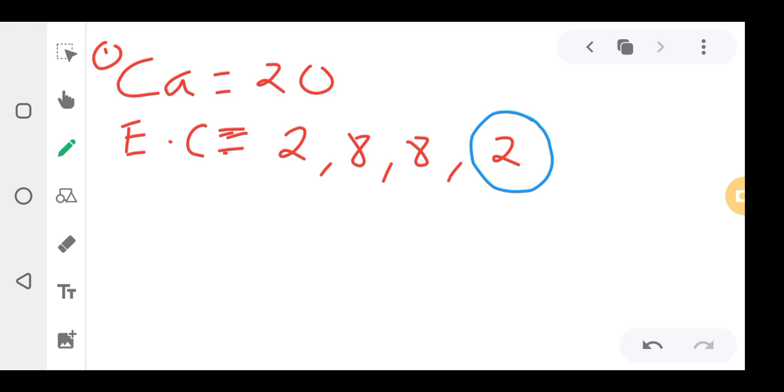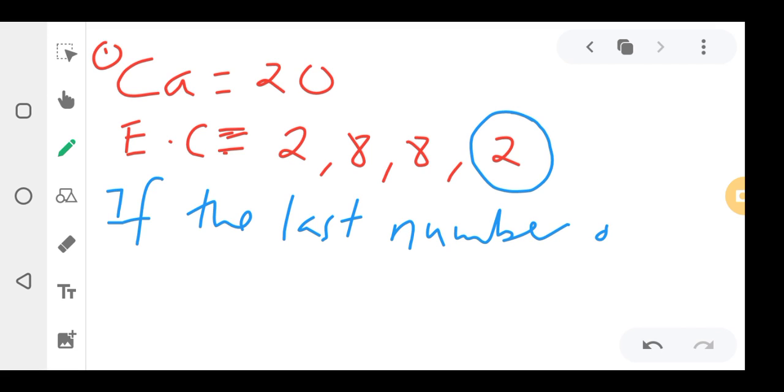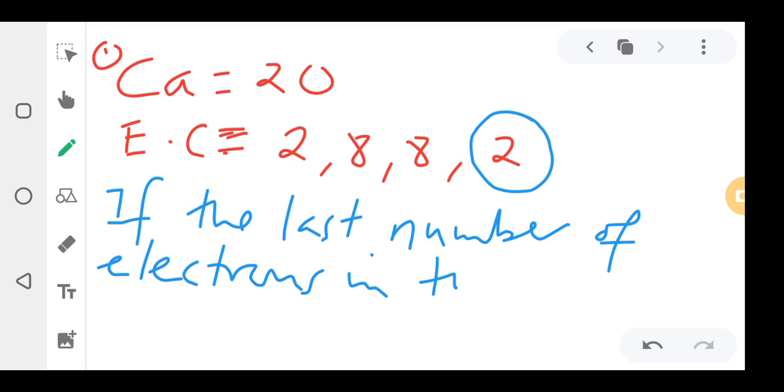So if the number of electrons in the last shell, these are shells, shell number 1, number 2, number 3, and number 4.